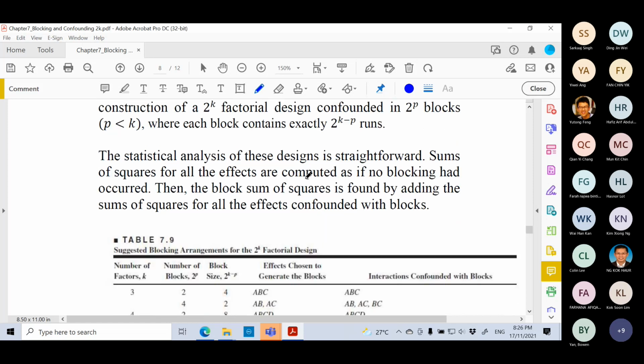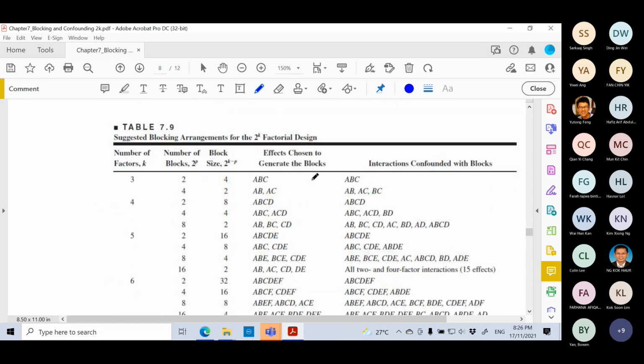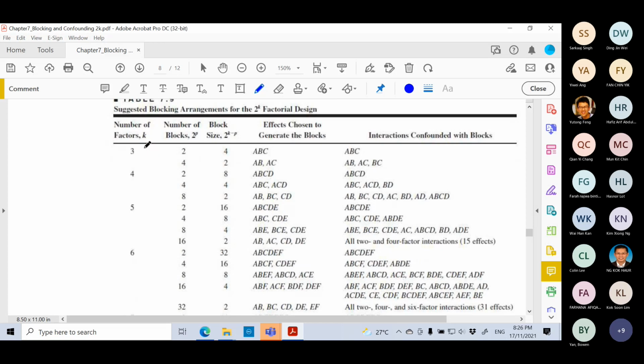So this is one of the tables to show you. If we have 3 factors, then the treatment combinations are 2 power of 3, so you have 8 of them.